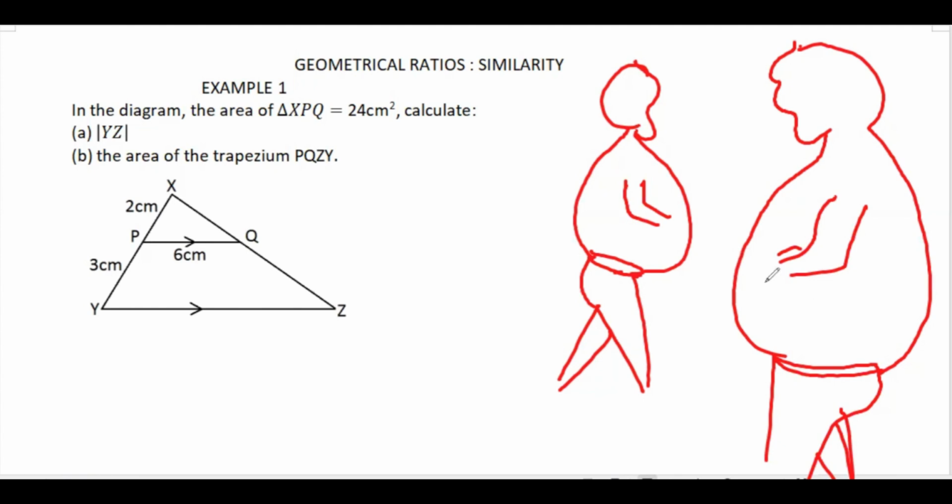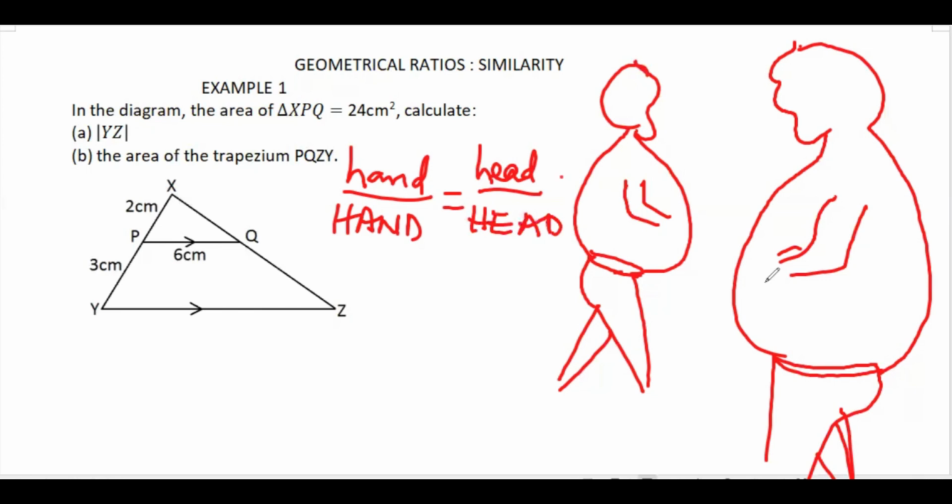For example, the length of the hand of the son over the length of the hand of the father gives a ratio equal to the length of the head of the son over the length of the head of the father, which equals maybe the length of the leg of the son over the length of the leg of the father, and so on.